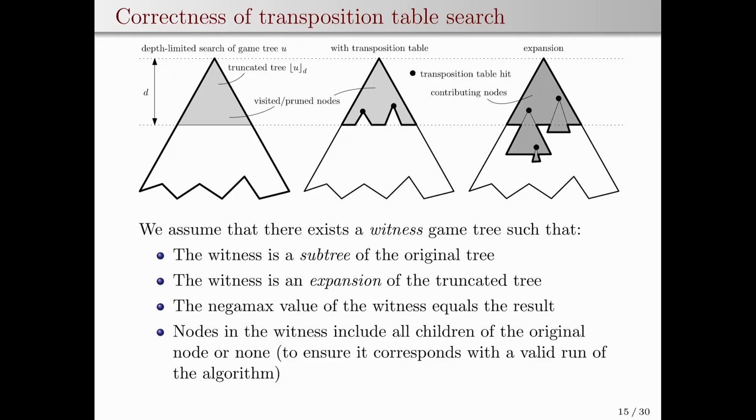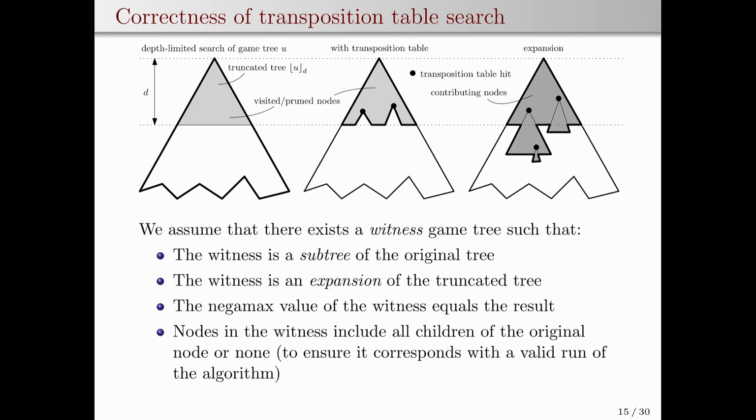And to formalize that, we made some criteria for what we call that game tree a witness. We formulated four requirements for what a witness is. We want it to be a subtree of the original tree. It should have the same negamax value.